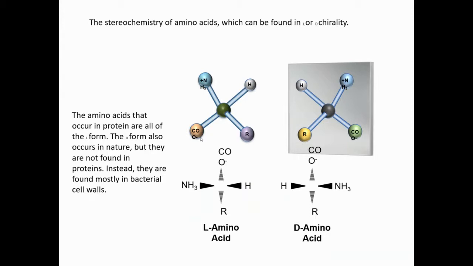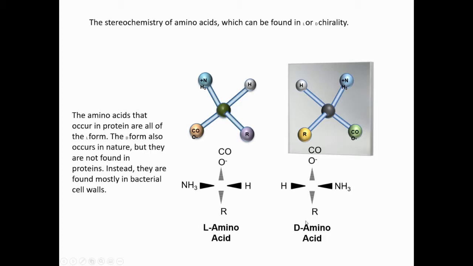They have the ability to rotate the plane of light, so that you can see different images. For amino acids, normally there are two different forms: the L form amino acid and the D amino acid. This is left and this is right, that is, the amino group on the left of the alpha carbon or on the right of the alpha carbon.